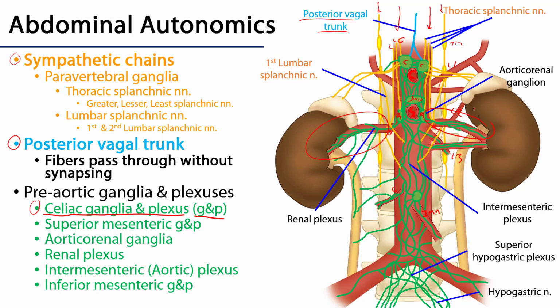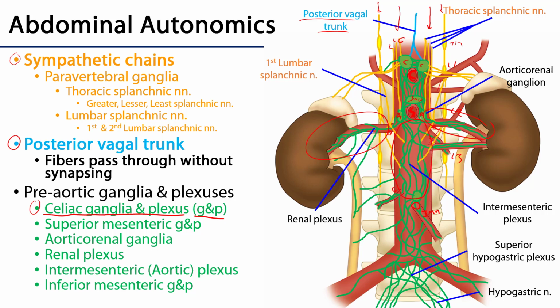So the renal plexuses are going to follow the renal artery and its branches out through the parenchyma of the kidney to really serve the nephrons and associated tissues. Below the superior mesenteric artery, and above the inferior mesenteric artery, which is here, we have a region known as the intermesenteric plexus.